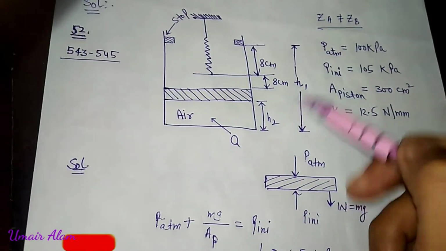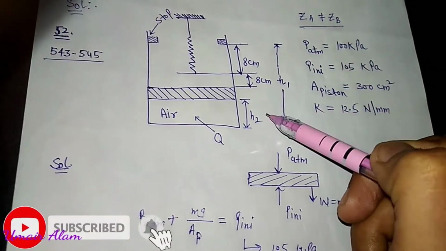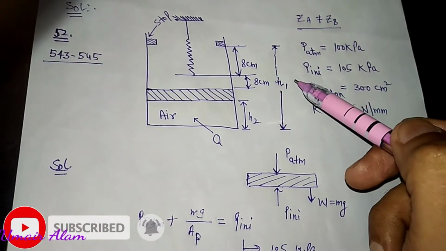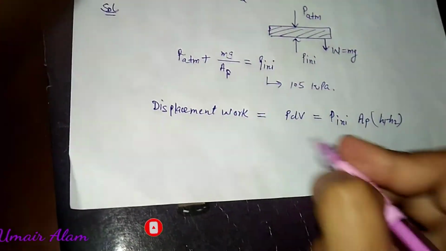So h1 minus h2 is the displacement of the piston.